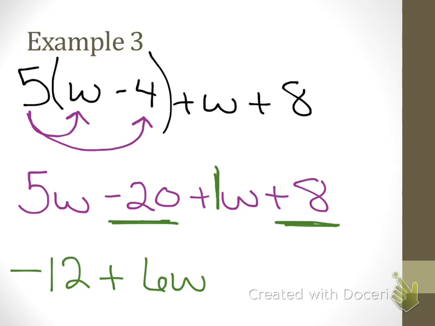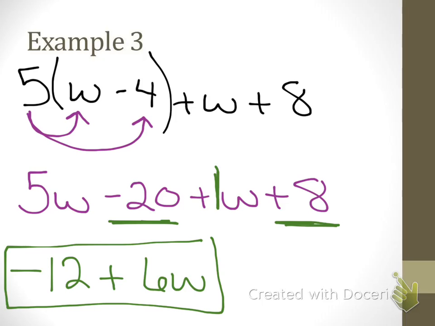Zach? 6w plus negative 12, or just 6w minus 12. Either way would be correct. And that's how you would use the distributive property to simplify an expression. If you understand that, that's everything you need to know for 7.2.